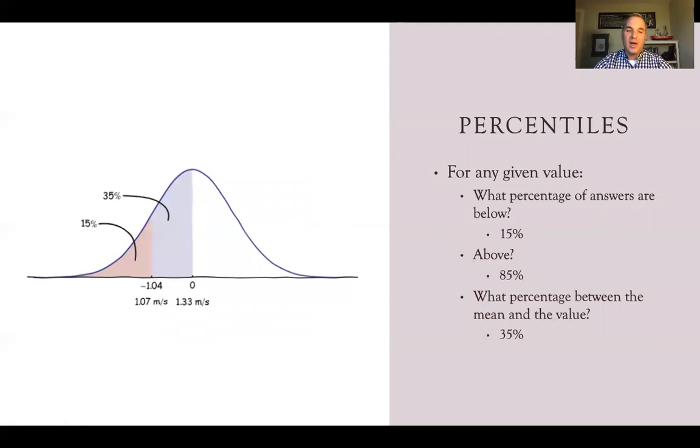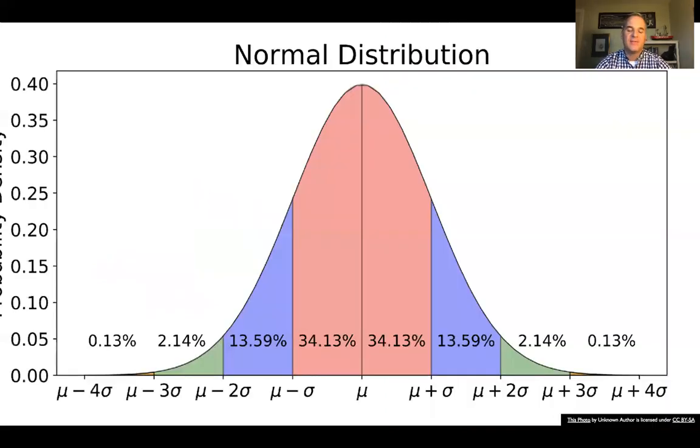And again, if we look at the 15th percentile, this value, negative 1.04, is less than the mean, which is 0. And 15% of all values are less than that. 35% are between that value and the mean. And then overall, 85% of all values, all responses, are above this 15th percentile response. So that's percentiles and how they fit into this.